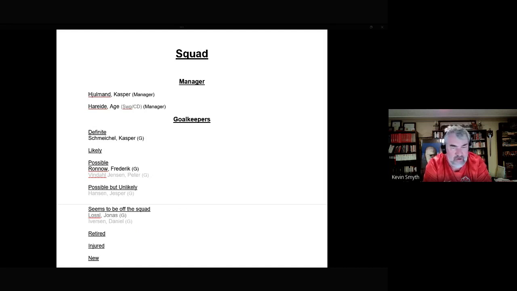The next keeper we'll talk about is Frederik Rønnow. So we have him as just a possible candidate because he didn't start any of their 13 games. Well, no one did because Kasper Schmeichel started all of them. So we look at how much they were used, called up on the bench. And Frederik Rønnow was called up for 9 of their 13 games since the 2021 Euro Cup.